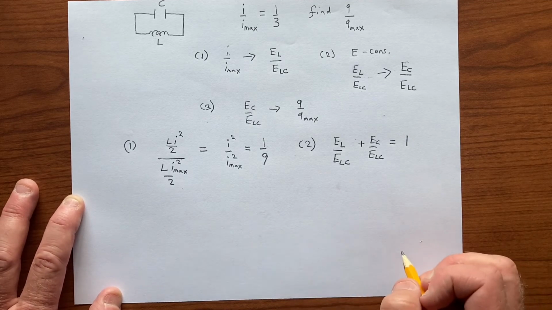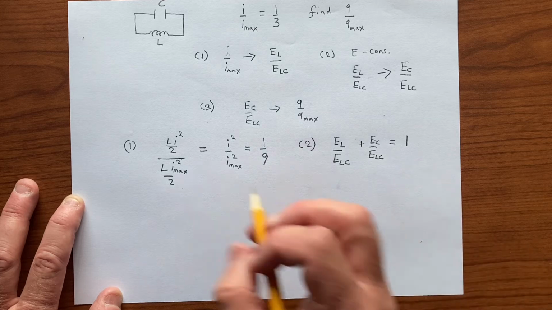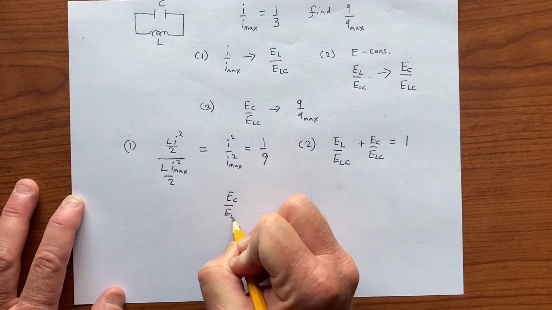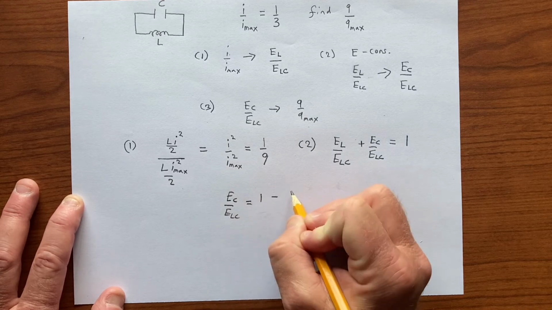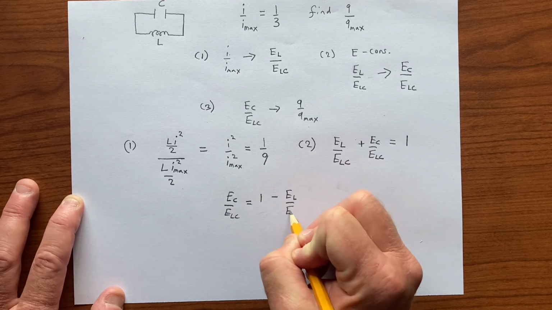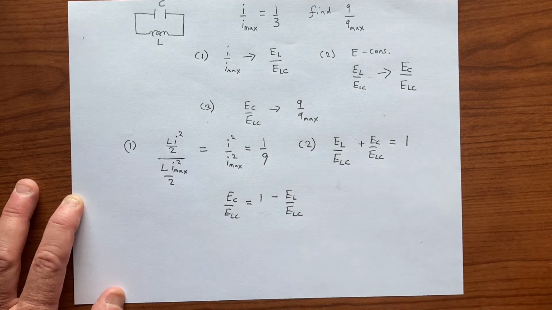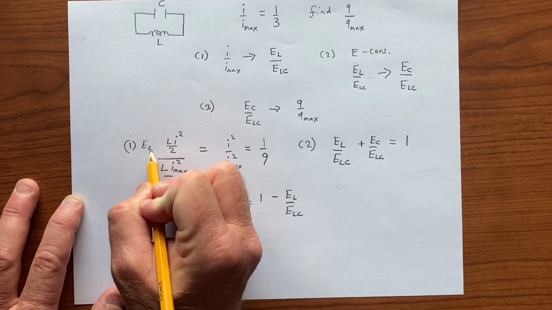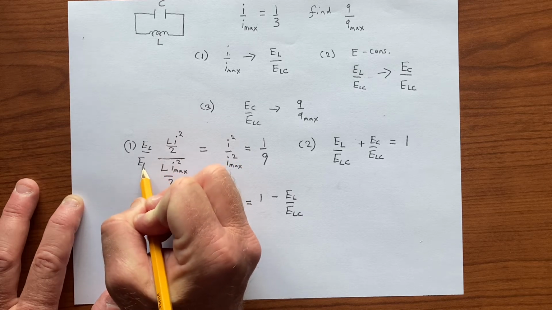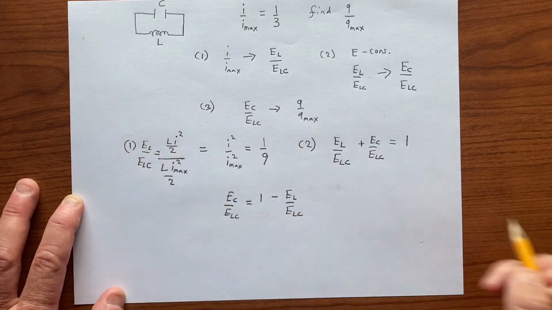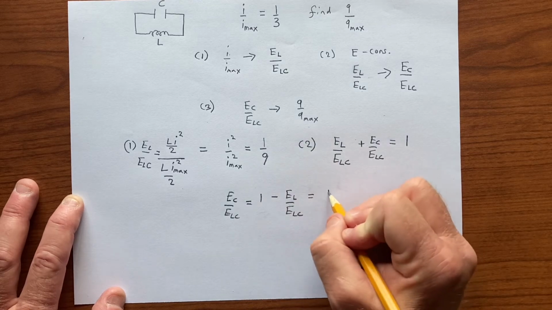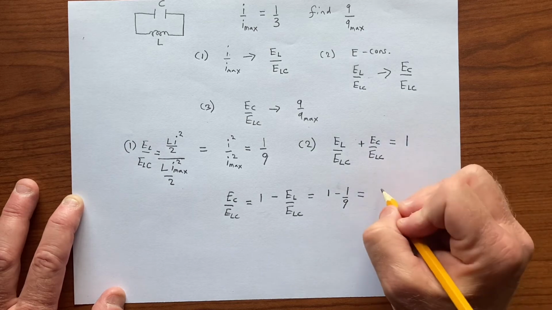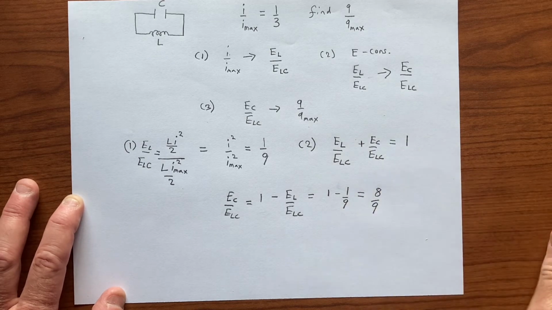This tells us that EC over ELC is 1 minus EL over ELC. Let's write down here that we just calculated EL over ELC. And so this is 1 minus 1/9. And that is 8/9.